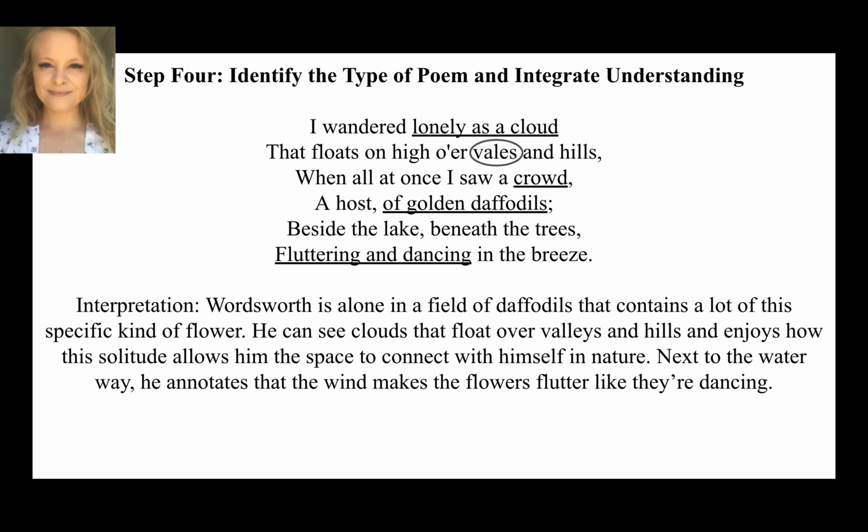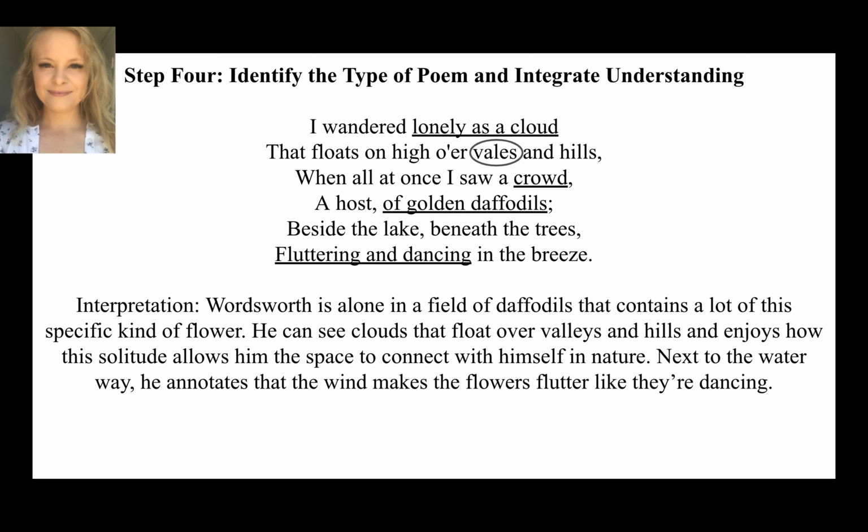And what we know from this stanza is that when Wordsworth is in the field of golden daffodils, he's not only enjoying the fluttering and the dancing of the daffodils and relating them back to being happy, but he also is noticing other things, like a cloud is lonely, right? And again, we're noticing that lonely doesn't necessarily have a negative connotation in this meeting, right?